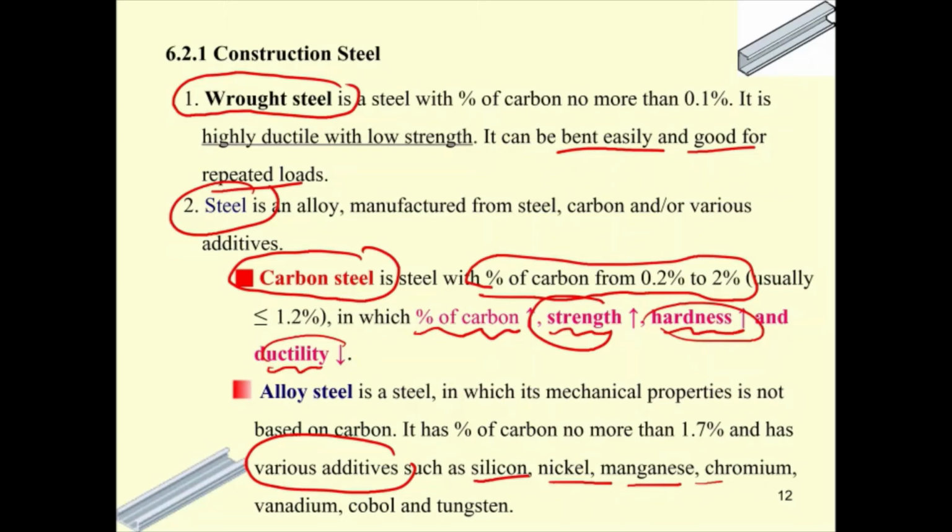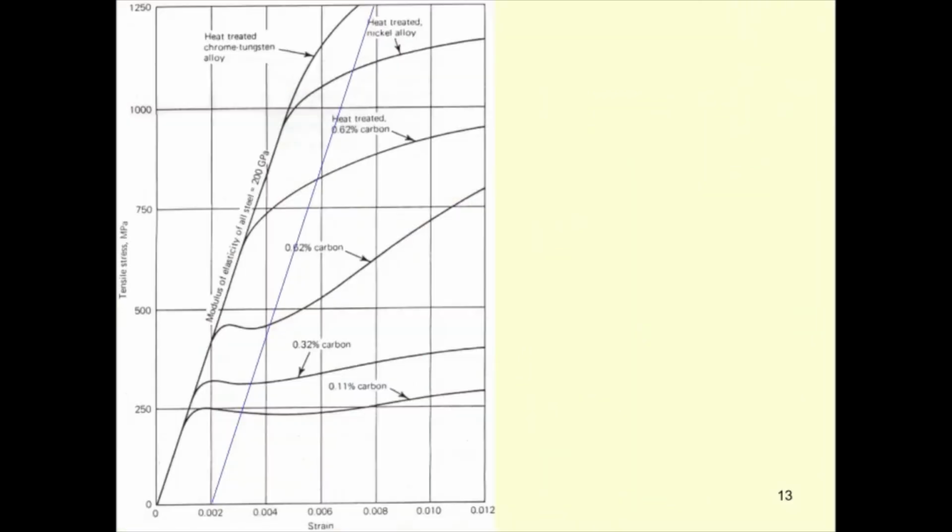The stainless steel is good because it can withstand weathering from the seawater, from the water, it won't get rust, but it costs three times more than typical steel. Sometimes you are going to use this alloy steel, especially if you work in the southern part of Thailand.